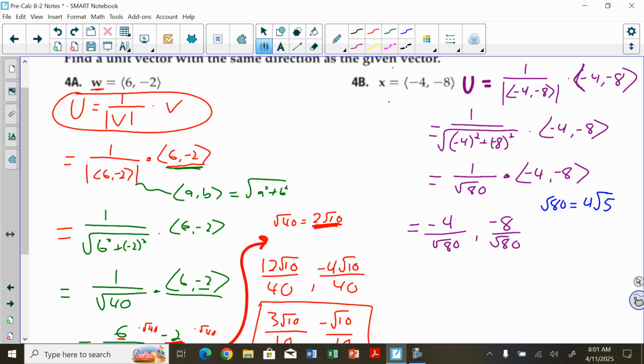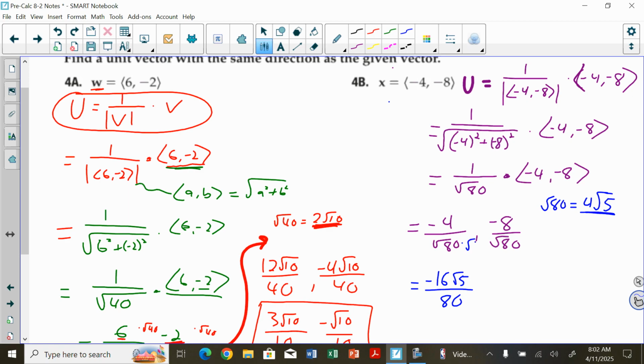So now, when I rationalize this, I'm going to have 80 as my denominator because I'm multiplying by those. So I can basically take this part here, multiply by my numerators. So I end up with negative 16 times the square root of 5 over 80.